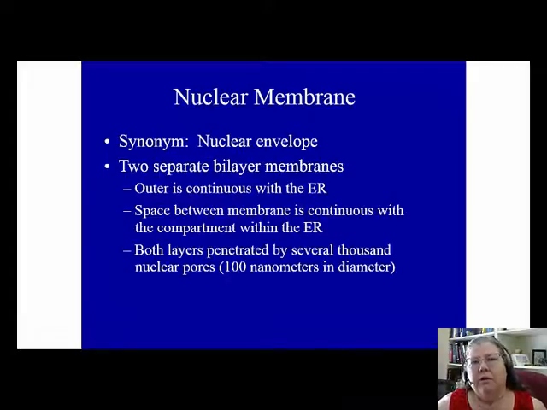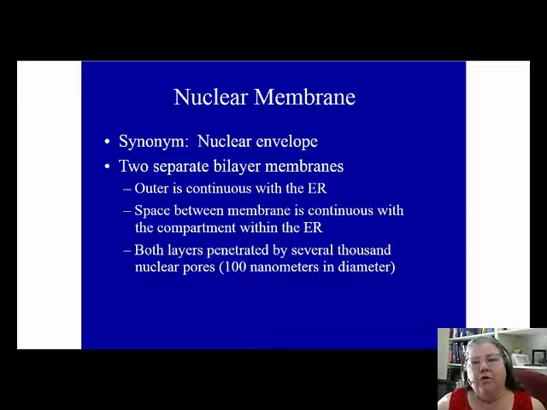The nuclear membrane is also called the nuclear envelope. And here we have a little difference from the cell membrane. It is actually two membranes. So in addition to those membranes being lipid bilayers, which they are, they're the same lipid bilayer as the cell membrane. Here in the nucleus, we actually have two of those lipid bilayers forming the nuclear envelope.